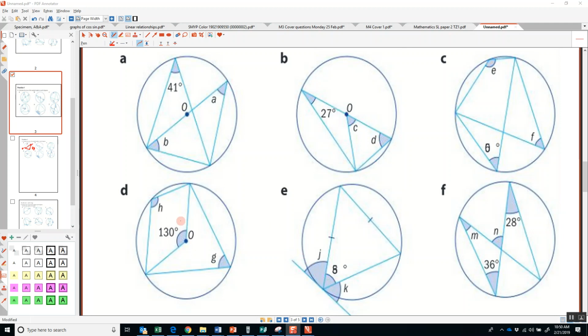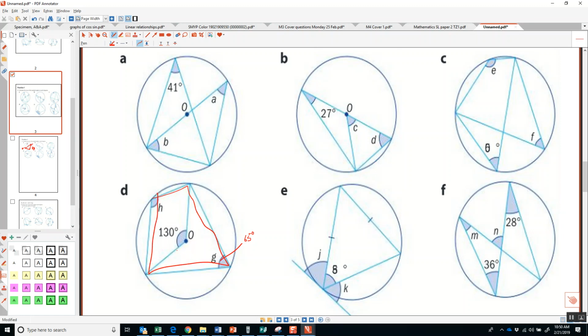Let's do D first, okay? How do we do D? Right, so G is half of 130 because we've got our arrow shape. So half of 130 is 65. How then do you work out H? Right, good with the quadrilateral rule.